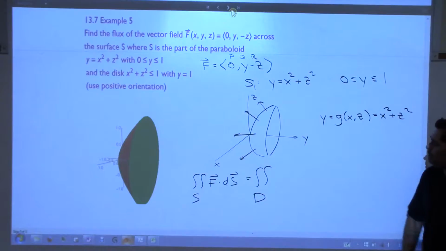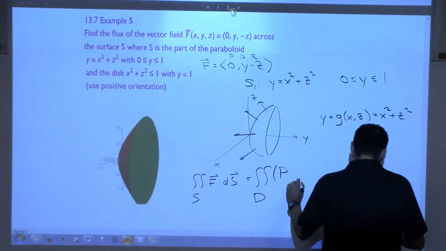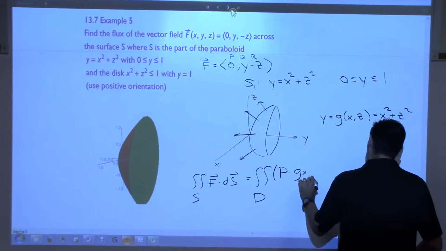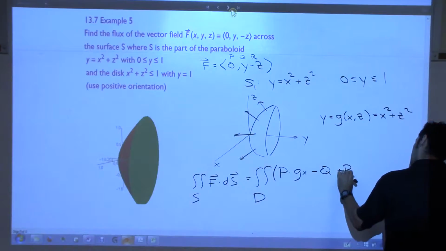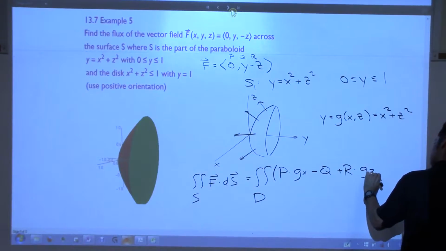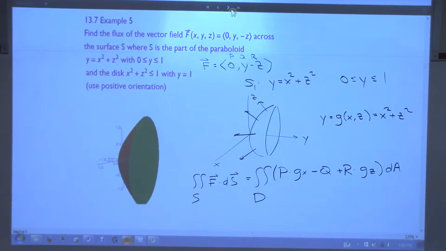And then it's going to be P times the partial of g with respect to x minus Q plus R times the partial of g with respect to z, then with respect to area. We okay with that? No questions?